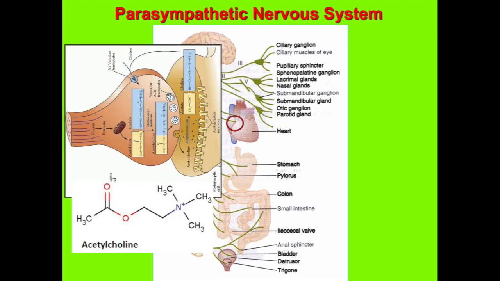And its neurotransmitter, as we said, is acetylcholine. The acetylcholine is released in granules. It goes across the neurosynaptic cleft to the receptors on the other side of the cleft. So it stimulates a response when those granules are released. And then those granules will be reuptaken by the presynaptic nerve.